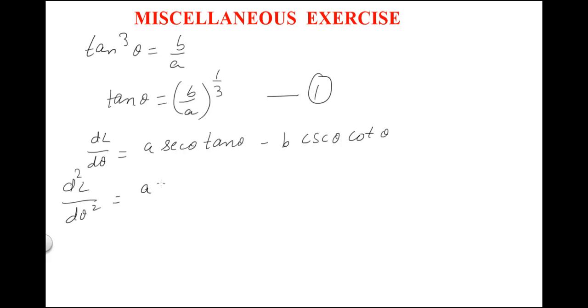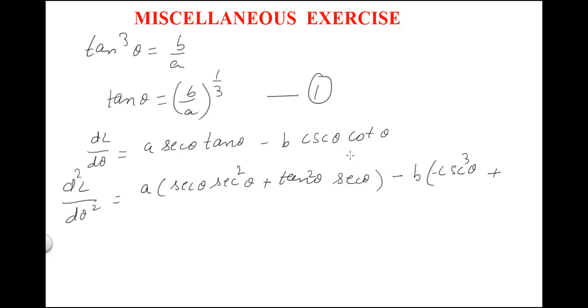A secant theta, suppose it is as it is, we are keeping tan theta, it will be secant square theta, plus tan theta as it is, and differentiation of secant theta is secant theta into tan theta. So it will become tan square theta into secant theta, minus b cosec theta as it is. Differentiation of cot theta is minus cosec square theta, so it will be cosec cube, plus now we will use cosec theta as it is.